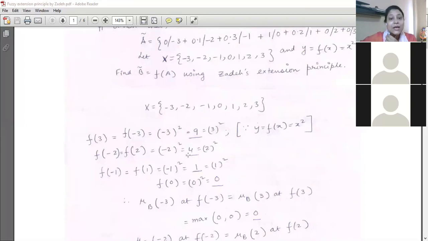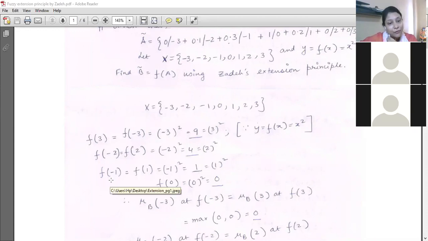So basically, this 4, you can term it as y2, which is nothing but the image obtained for the linguistic variables x2 and x6. This is your x2 and this is your x6. Fine. So basically you will get 4 for both linguistic variables of the x set.